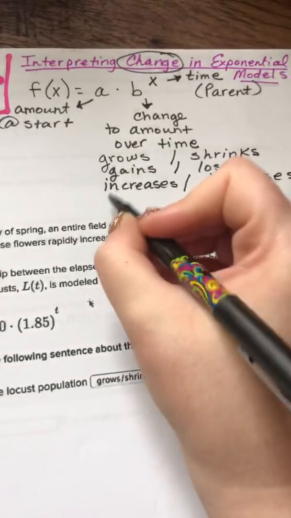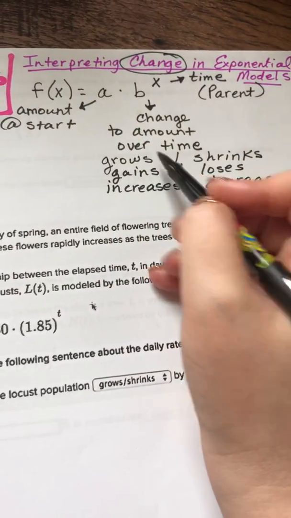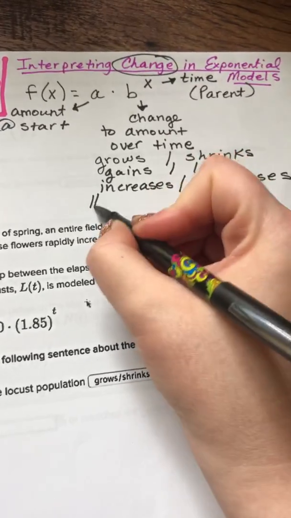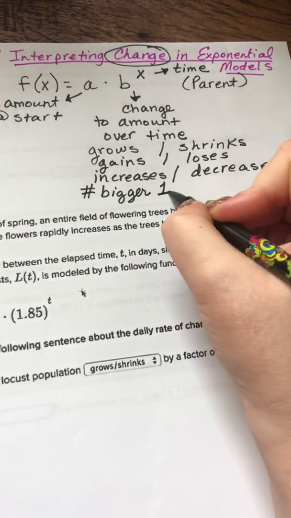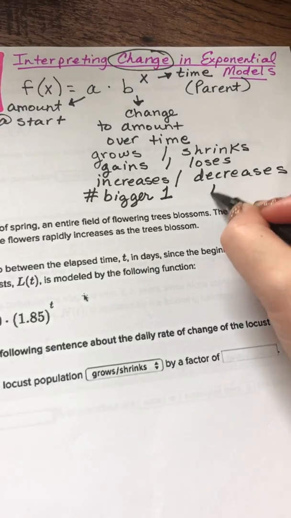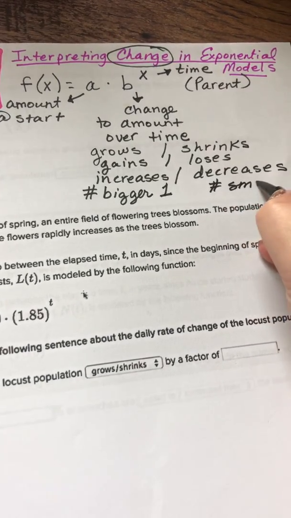If we're talking about a number, grows, gains, increases is for a number bigger than 1, and decreases is for a number smaller than 1.